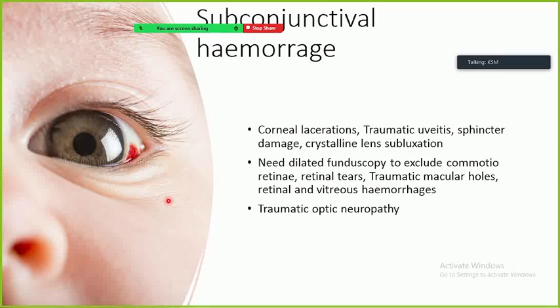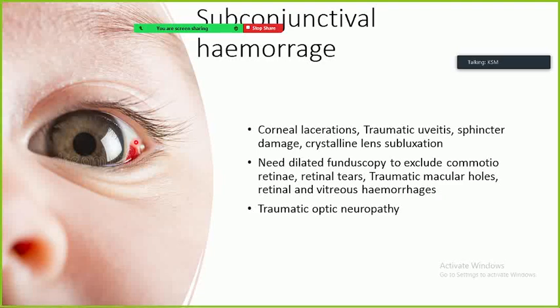And it might be associated with a subconjunctival hemorrhage, that is the subconjunctival area surrounding the cornea. So it might be just a subconjunctival hemorrhage, and you have to always think of other associated injuries as well as non-accidental injuries.